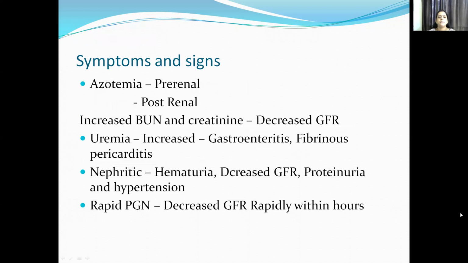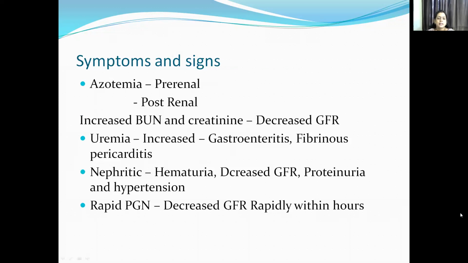So coming to the symptoms and signs. Normally when the patient comes, what do you look for or what do you investigate for? There is something called azotemia. Azotemia is defined by increased blood urea nitrogen and creatinine associated with decreased glomerular filtration rate.